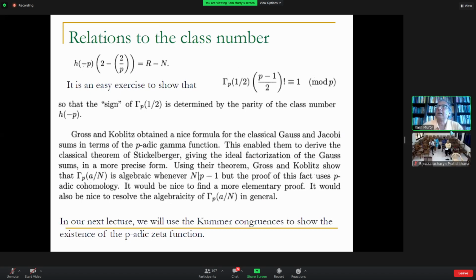What I want to set up for next time is to discuss the Kummer congruences again, and put that in the context of p-adic interpolation. The p-adic interpolation, as discussed in today's lecture, was trying to find a p-adic continuous function that interpolates those values.